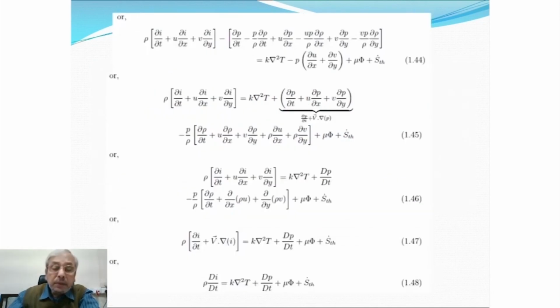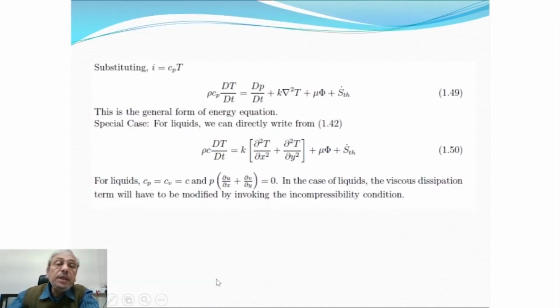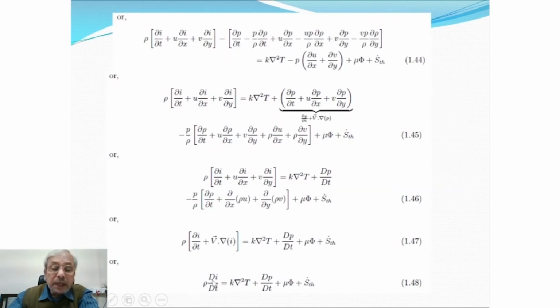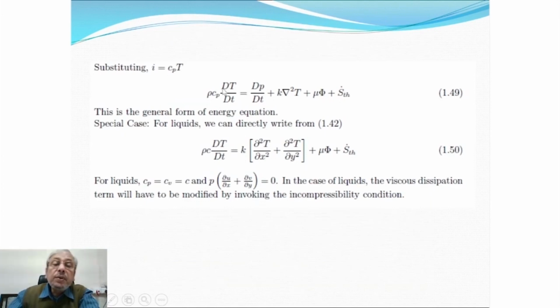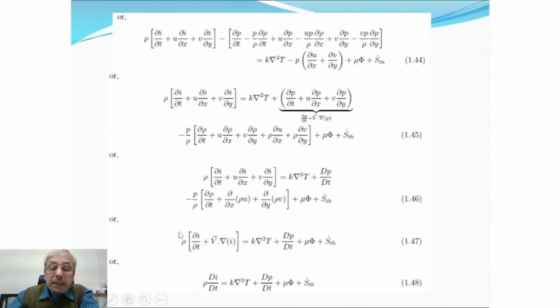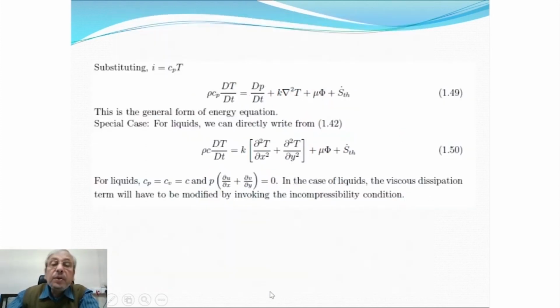Now in this equation, if we substitute I, that is enthalpy, equal to Cp into T, we can write rho Cp, because rho is here and I is Cp into T. So we can write rho Cp into d temperature/d time, the total derivative of temperature, equal to, we had dP/dt, the total derivative of pressure, plus K grad square T plus mu into phi.